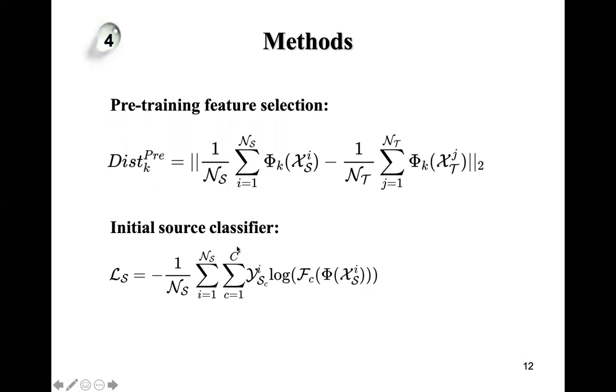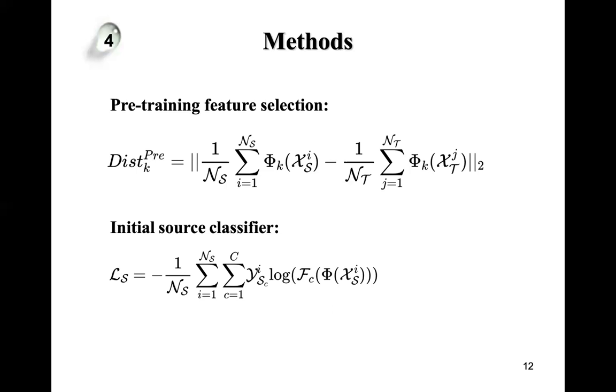For the source domain, it is usually cross entropy loss. And we can also make a prediction for the target domain to get initial coarse pseudo labels for the target domain.